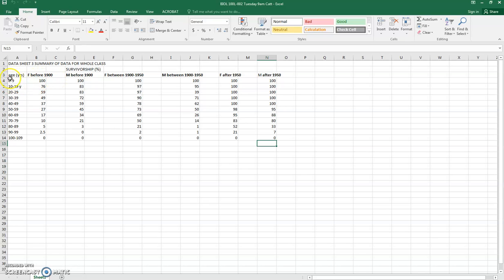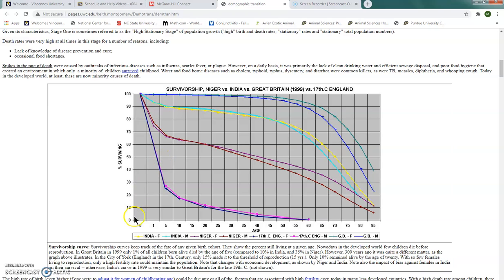When they were in the age range of 0 to 9, all of them were alive. So on our graph, we'll say this is 0 to 9 years of age, then we would have a dot up here that represents the survivorship of females that died before 1900, but when they were 0 to 9 years of age.